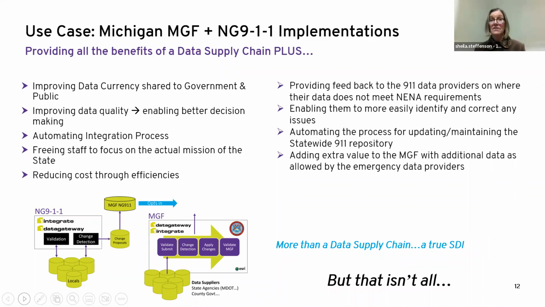And then the added value going back to MGF to extend additional data into that overarching statewide database has really enhanced it as well. And so on the 911 side, that was a great implementation, but there's more.